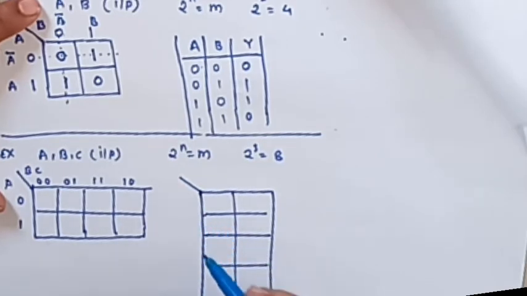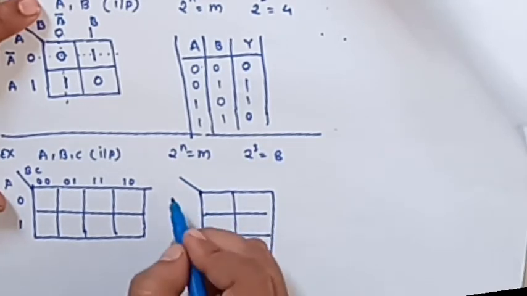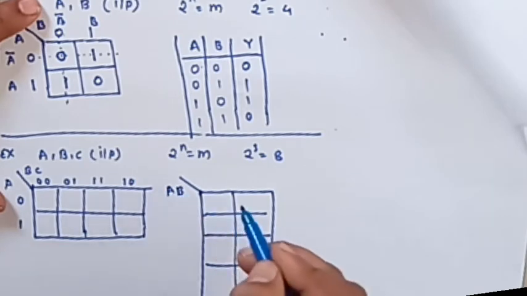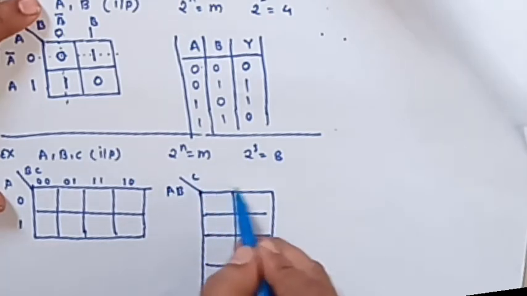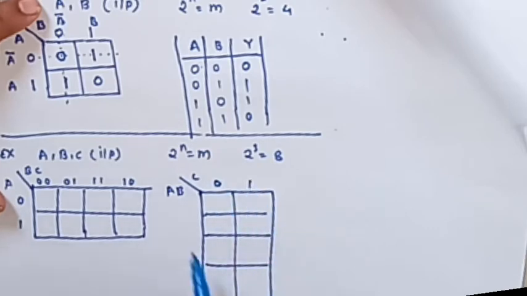Total 4 values are possible on this side. So here we will take 2 literals, A and B, and here C. These are the values of C, either 0 or 1, and these are the values of AB: 00, 01, 11, and 10. So in this way also we can write a K-map for 3 variables.